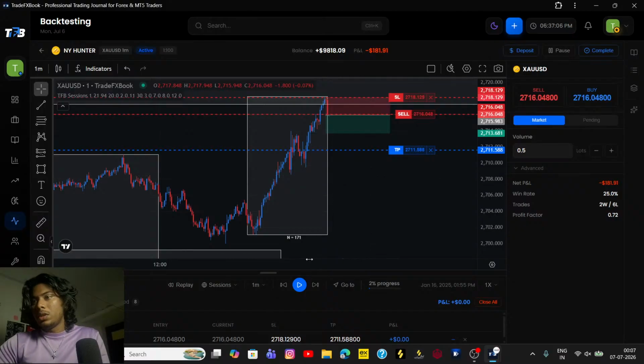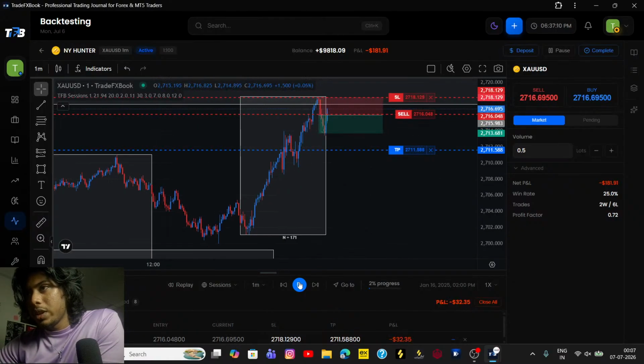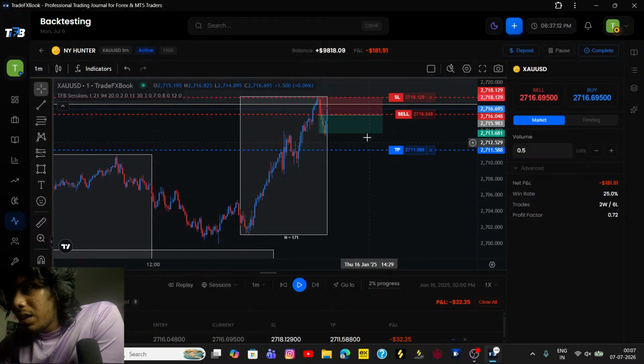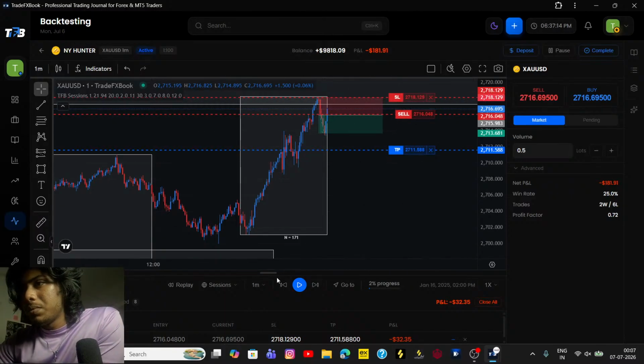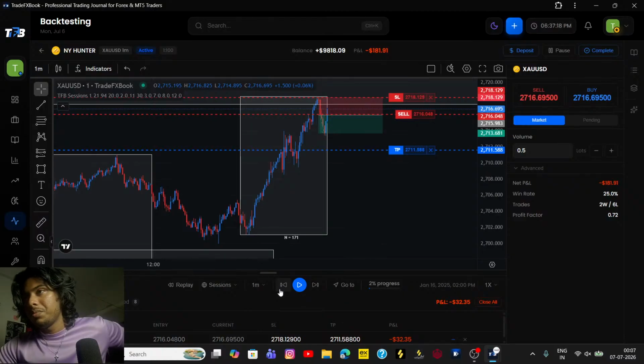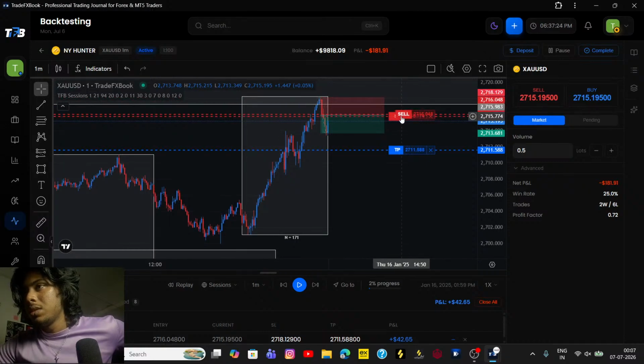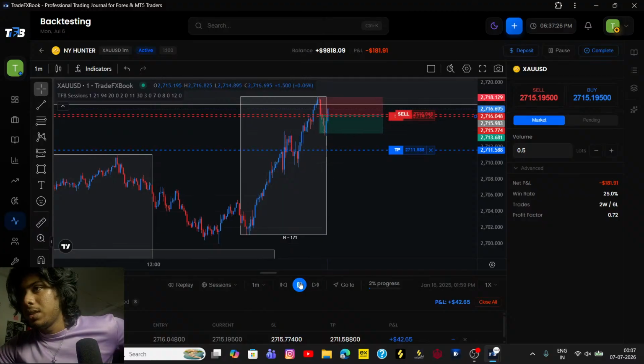Okay, fitted the 1:1. Let's play this off. 1:1 is fitted, and after 1:1 the break even is fitted, so it doesn't matter. See, we got a 1:1. We would have break even the trade, so we are running this again.